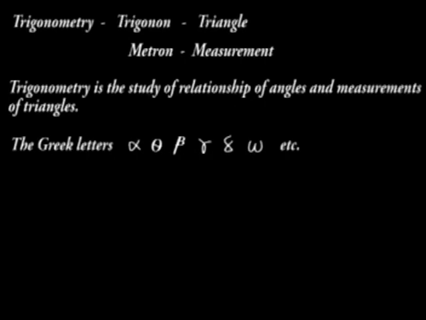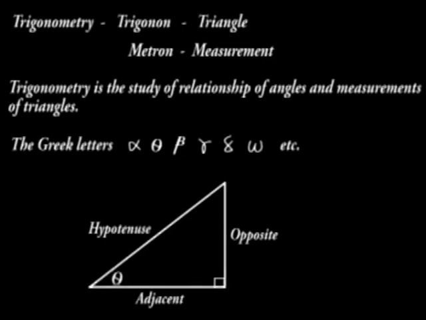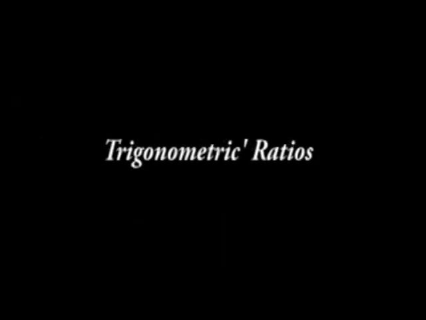With reference to angle theta in the figure below, the sides of a right-angled triangle are named as follows. Trigonometric ratios. The three trigonometric ratios are sine, cosine, and tangent.